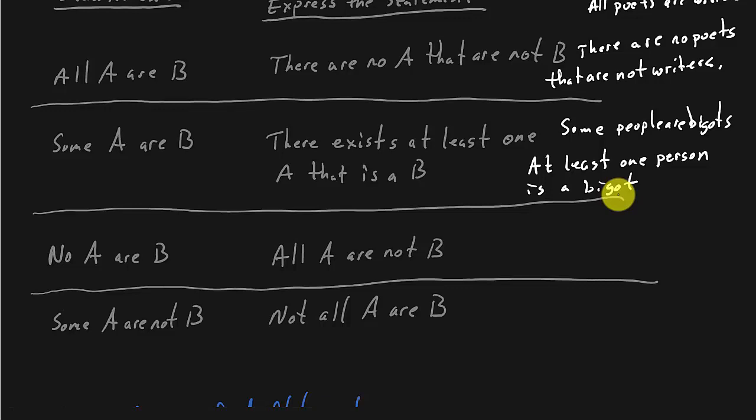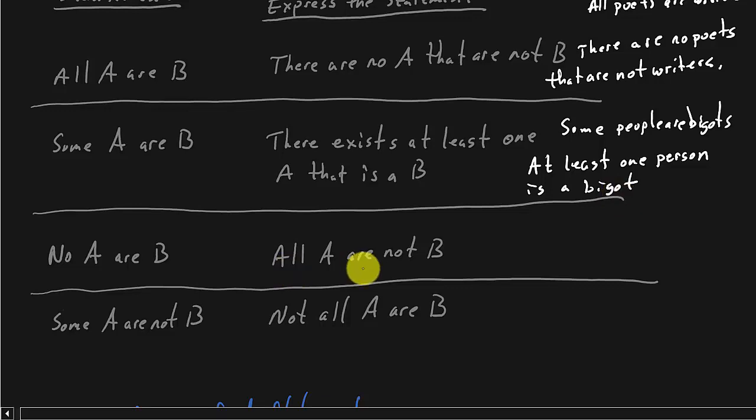No A or B. All A are not B. Okay, so what about this one? No common colds are fatal. Okay, so if we wrote no common colds are fatal, then we could write what?